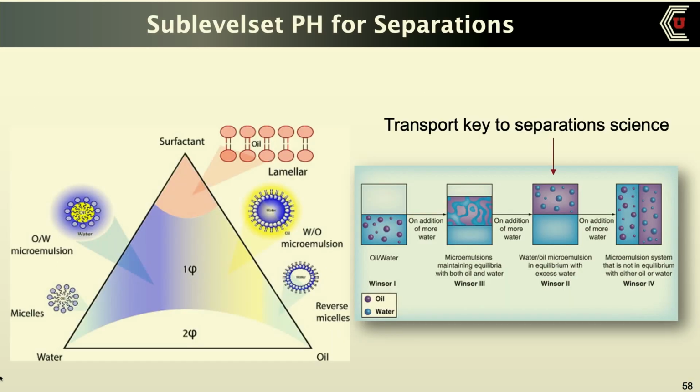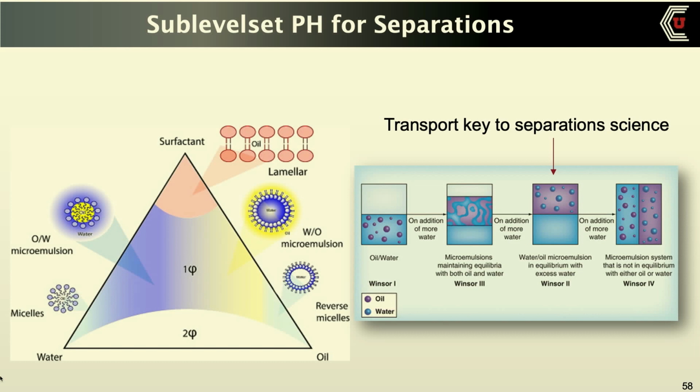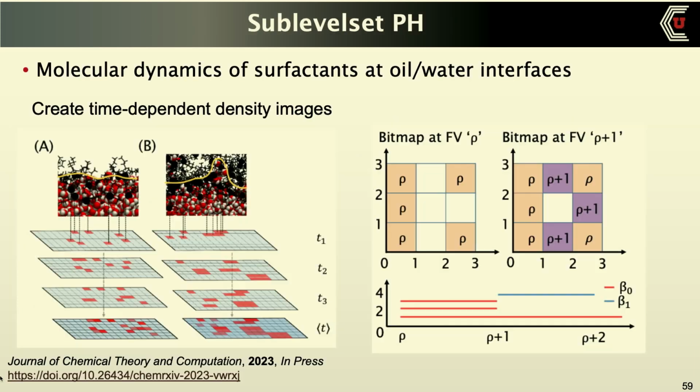Again, we have looked at this in the context of things like separations. And one of the ways in which we did this was through an image encoding kind of approach. If we look at these surfaces and we have these surfactants on these surfaces, we basically turned this into a bitmap representation where we projected the density of those surfactants on the surface onto a little grid.